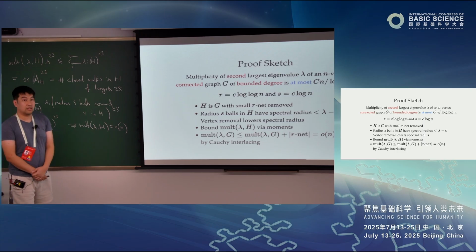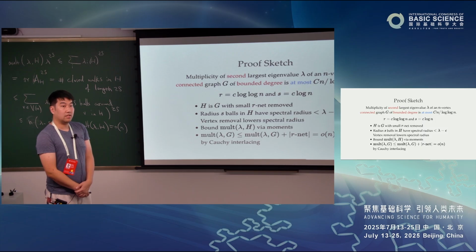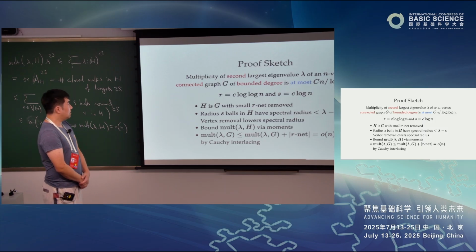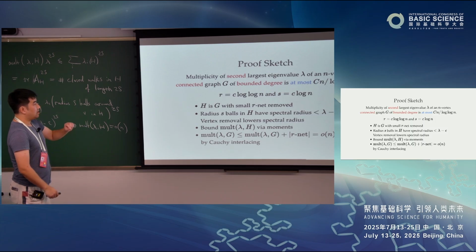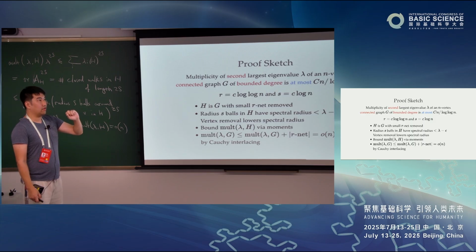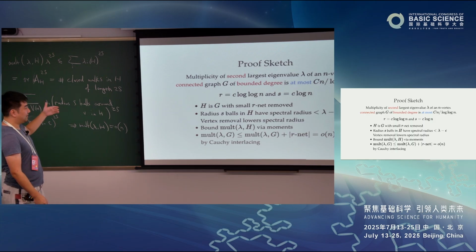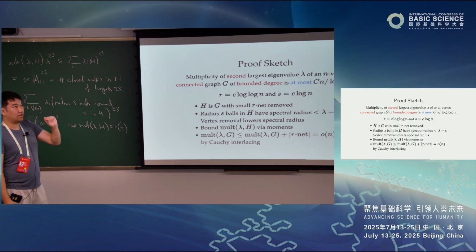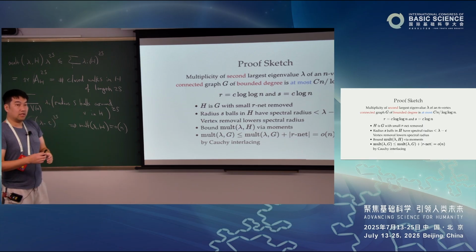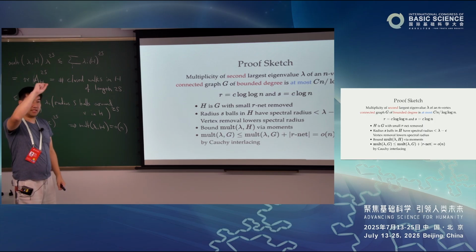Yes, question? Roughly speaking, the proof itself is already really short. For that step, what you need to argue is that spectral radius has to do with walks of length 2s. Originally, before you remove the r-net, you have walks that can walk freely.